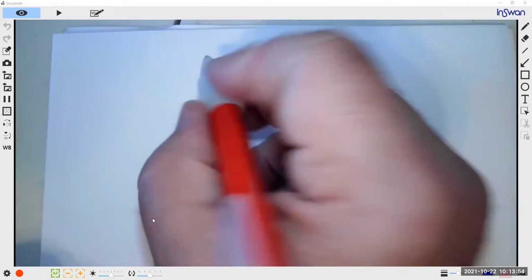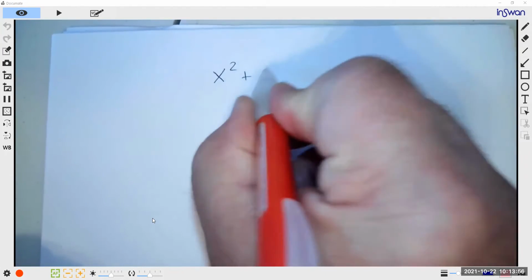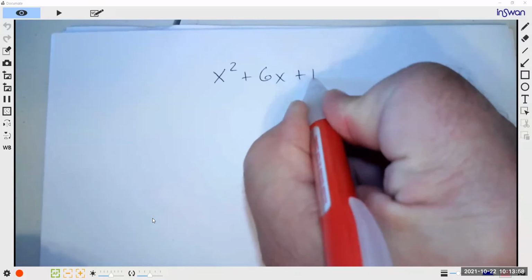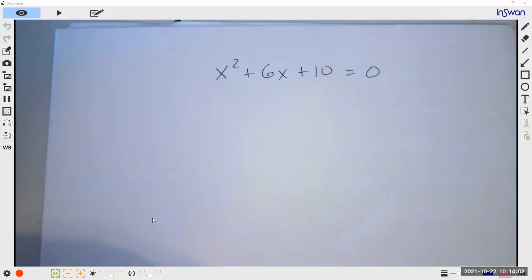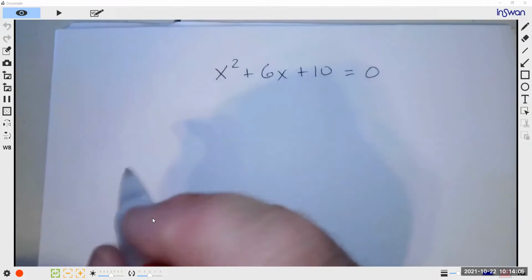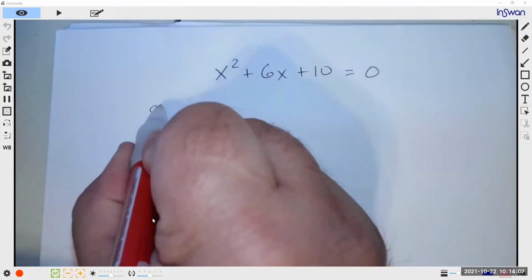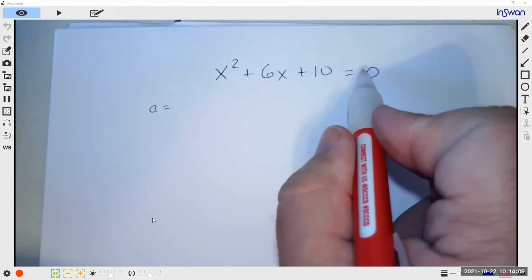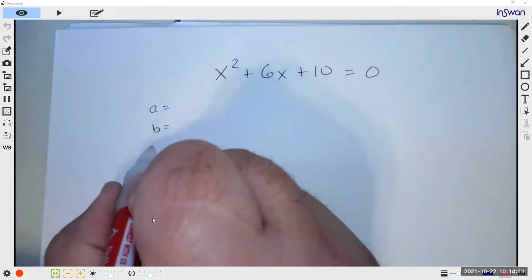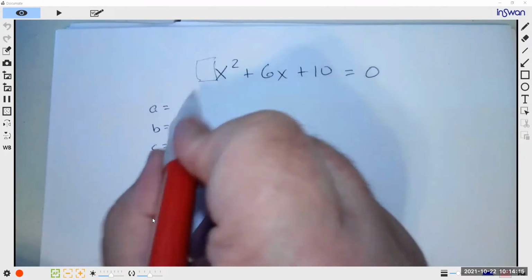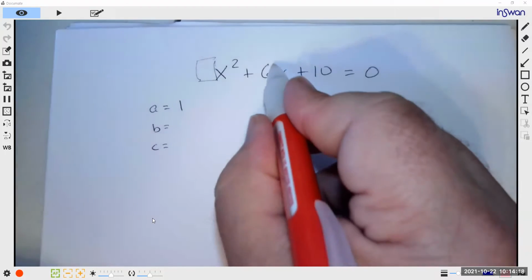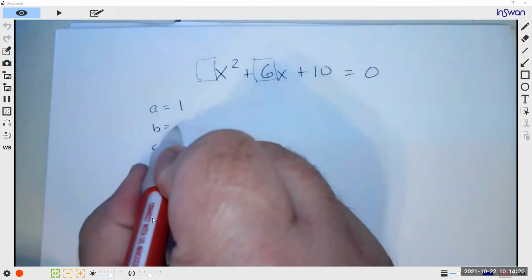Look at the next one we had. First step, set it equal to 0. Second step, label A, B, and C. A is 1. B is 6.